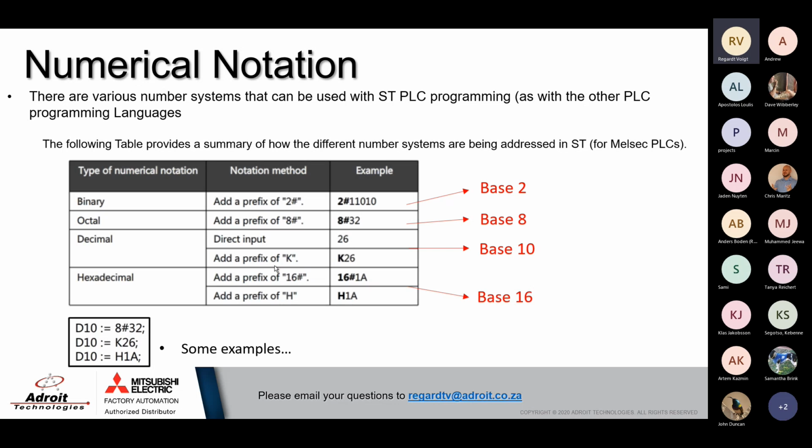So just a couple of examples of how this allocation will work is yeah, your D register, this can handle any decimal values and also any octal or hex values. So the hex value 1A has been written to D10 here as a constant. So K would be your constant values written into your D10. So K would be your constant integers, by the way. And then here we'll have an octal value being written to your D10. So that would be the syntax to be used for such numerical notation.